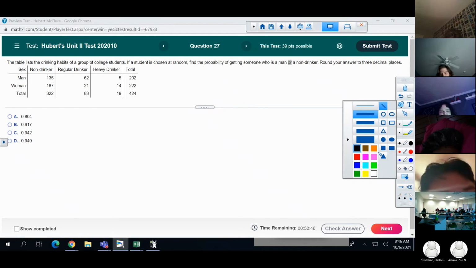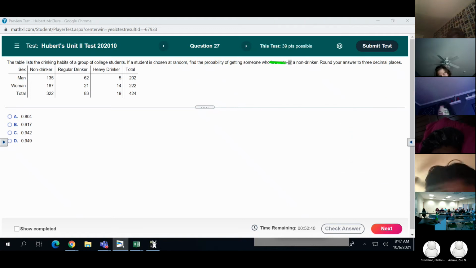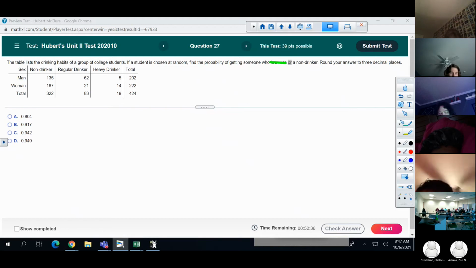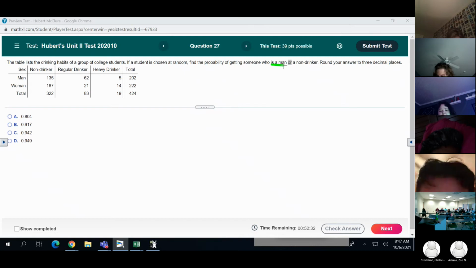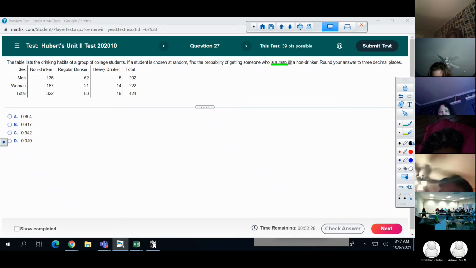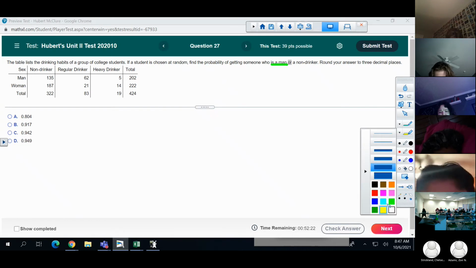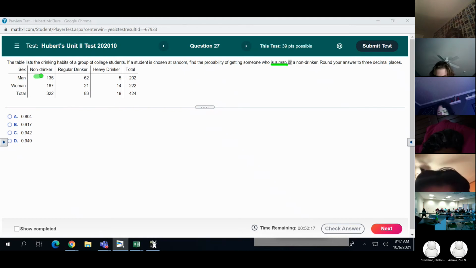We're going to use green for a man. I'm going to just underline it. I guess I'll have to use a crooked line. All right, man is right here.